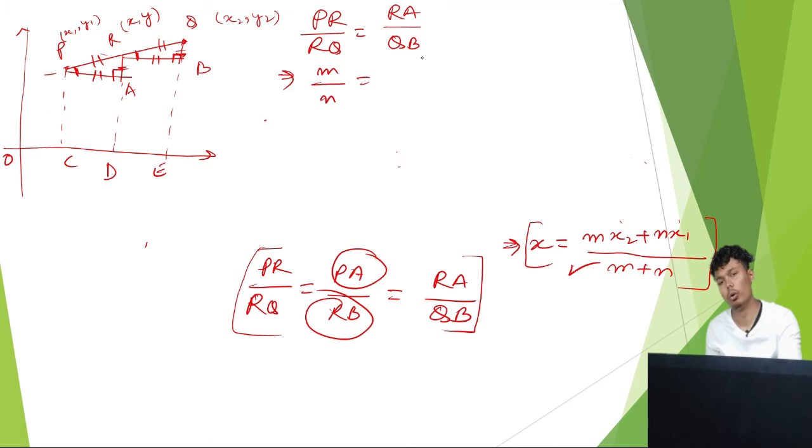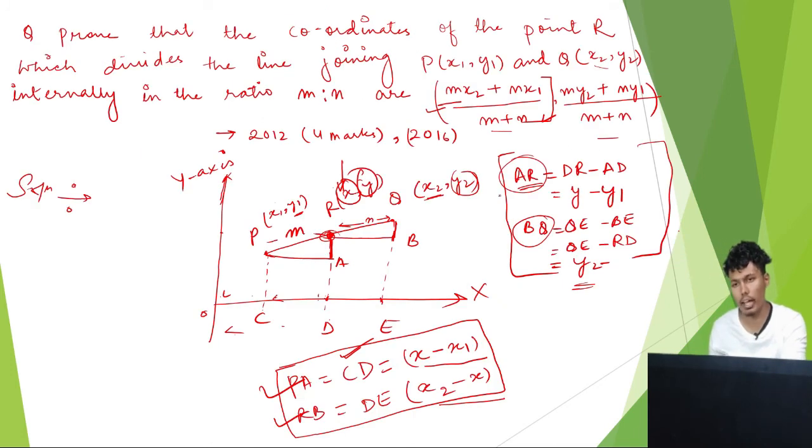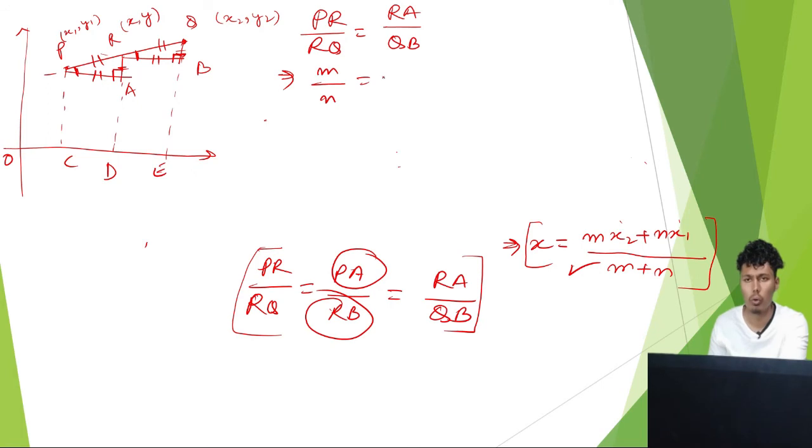RA by QB: RA or AR, same thing, is y minus y1, and QB or BQ is y2 minus y. So y minus y1 over y2 minus y.